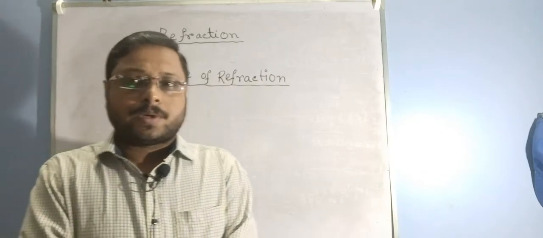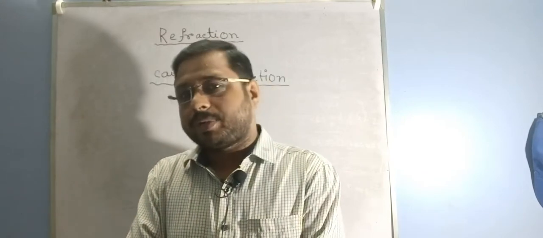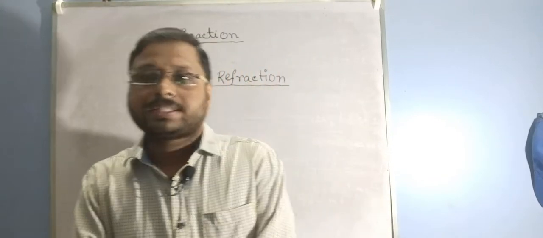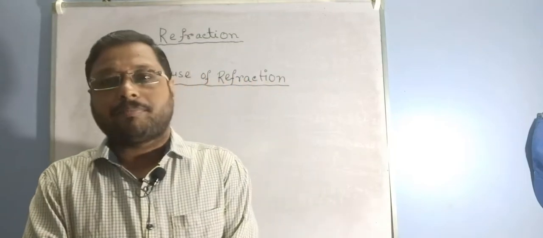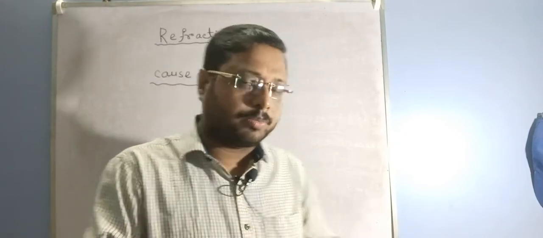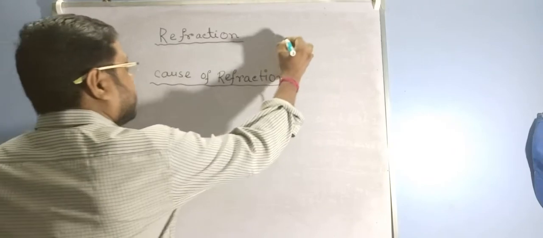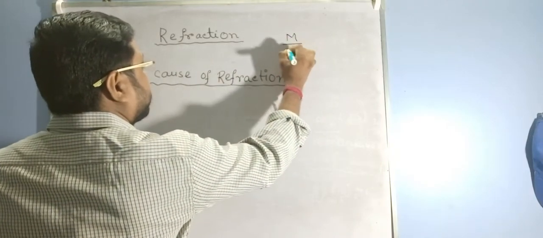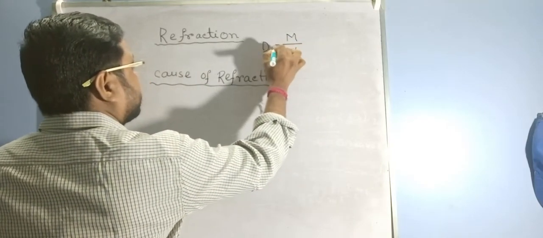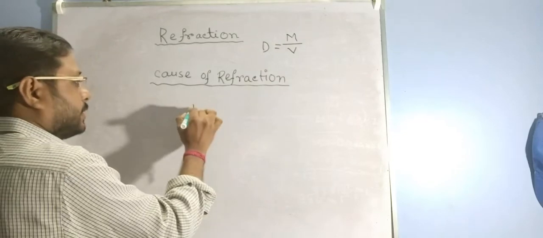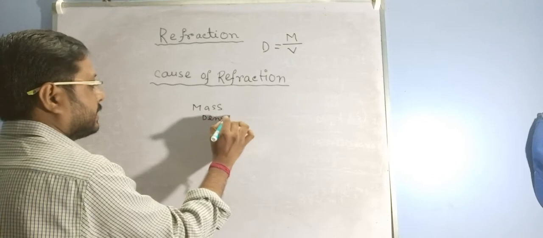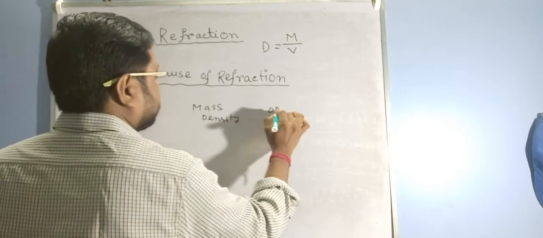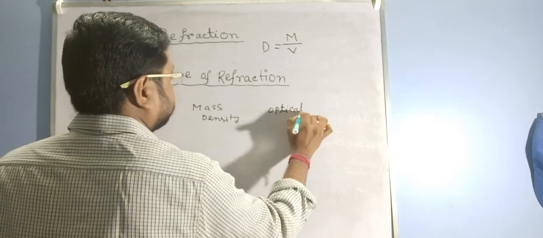The two densities, mass density and optical density, are not equal at all. Mass density is mass per unit volume, that is, m by v. So mass density and optical density are two different things.